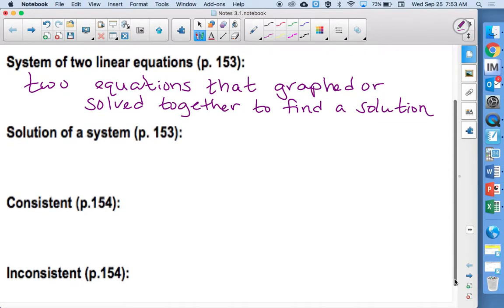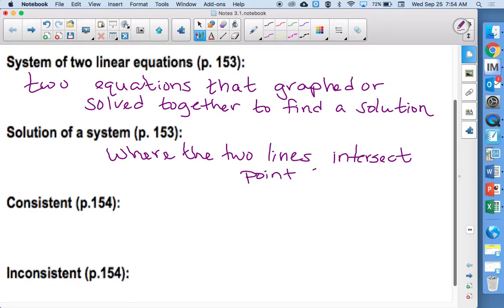So we have a couple other words here. A solution. Nick kind of said the solution. Nick, what is the solution? Because we're graphing linear equations, it's going to be where the two lines intersect, and they intersect at a specific point.